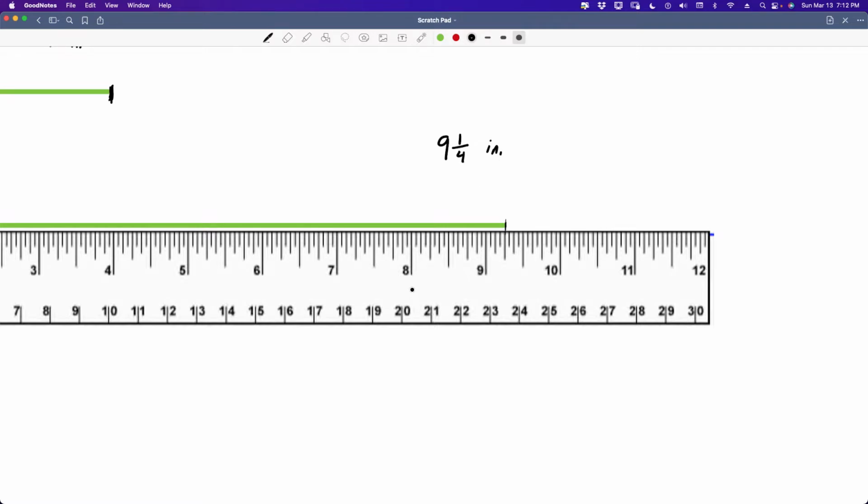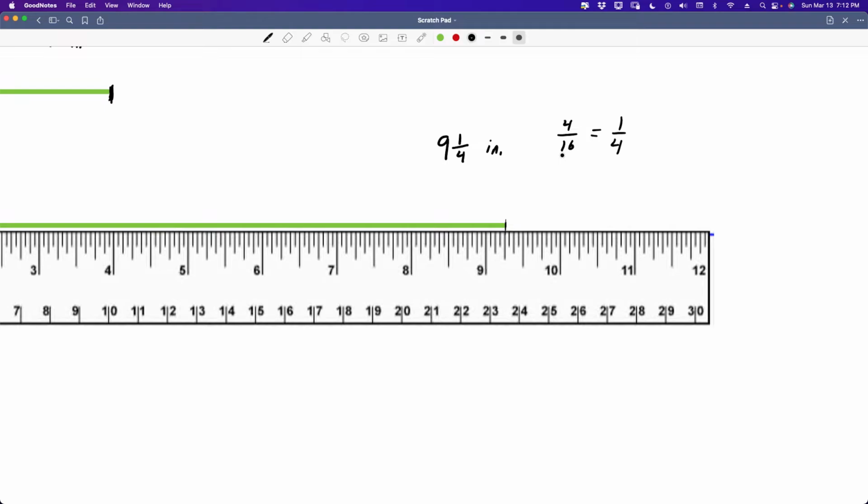And that's how you use a ruler to measure things. You go to the highest inch and then you work your way into the marks to figure out what they are. The littlest marks are the 16ths. And here's something interesting. Let's say you counted the 16ths. 1, 2, 3, 4 16ths. You can reduce this fraction to 1/4 if you divide this by 4 and divide this by 4.